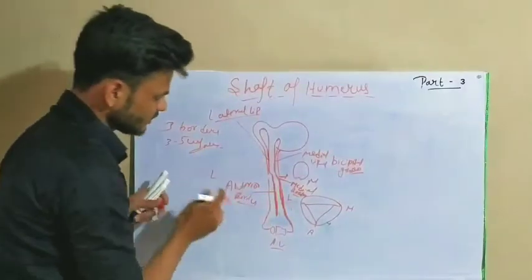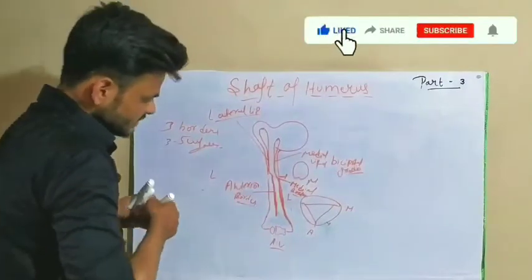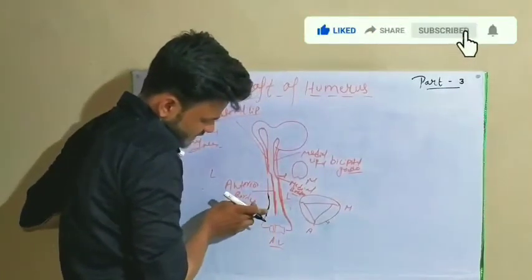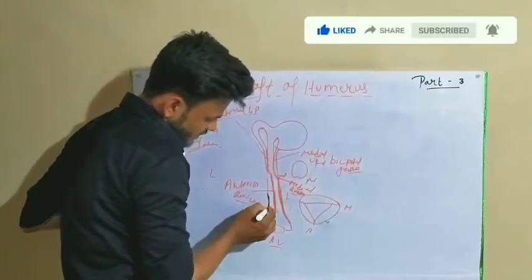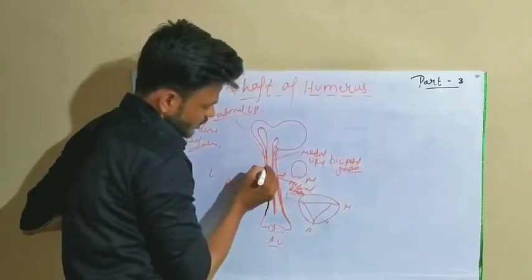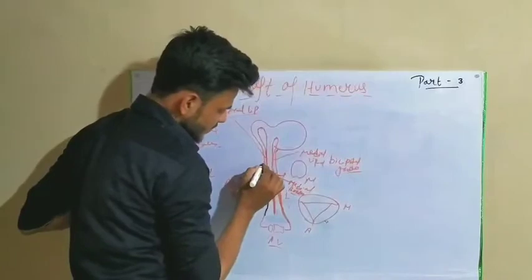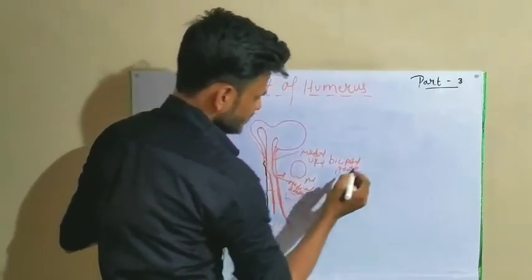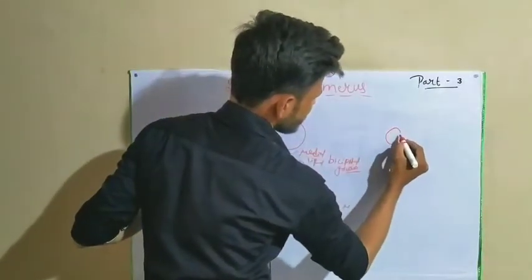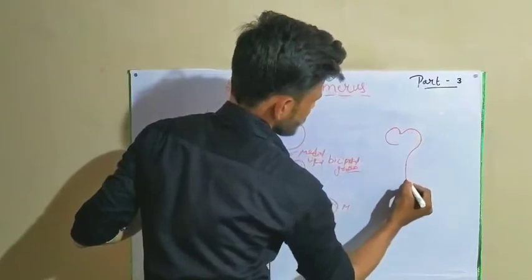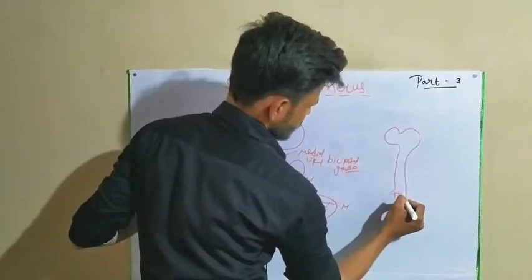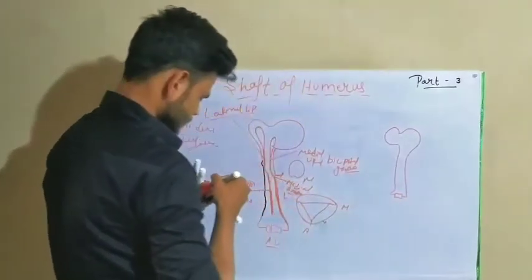Now let's talk about the lateral border. This lateral border extends from the lateral supracondylar ridge. It moves upward along the shaft, and at the level of the upper half, it turns back. Let me draw a posterior diagram. This is our posterior diagram.